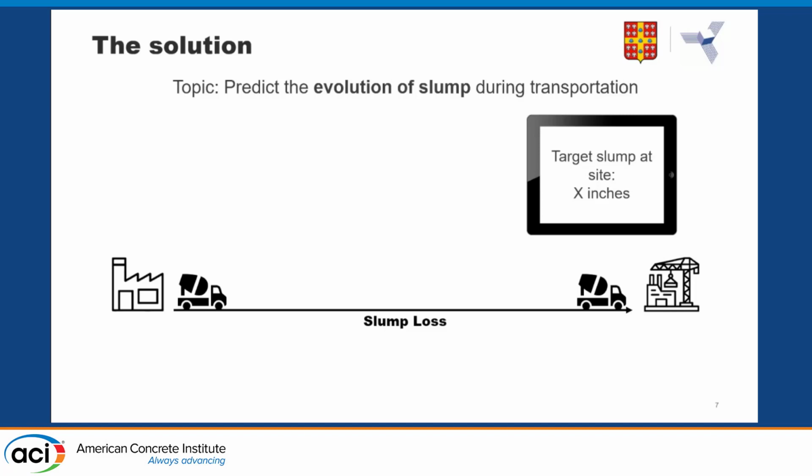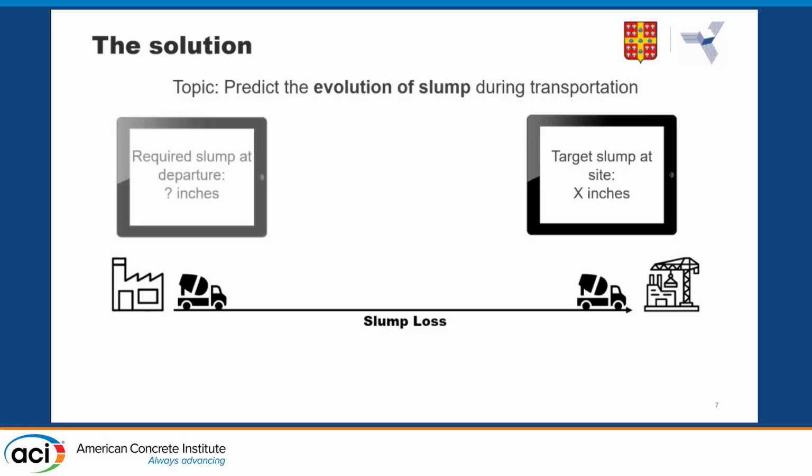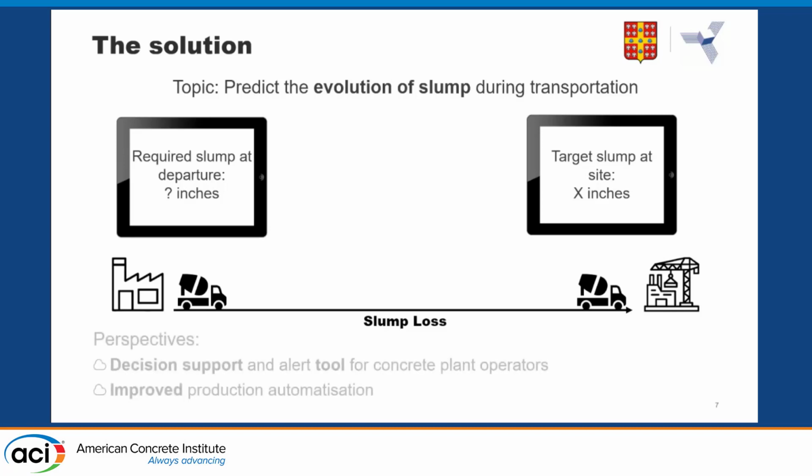The aim of that model would be to inform the truck driver that at the plant you need to be at 8 inches or 9 inches, based on the concrete you just batched and the outside conditions. The perspectives are numerous, but mainly the idea is to have a decision support tool for the drivers, the plant operators, and in the end improve production automation.